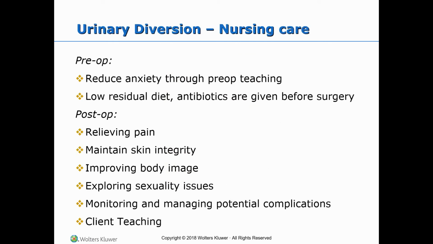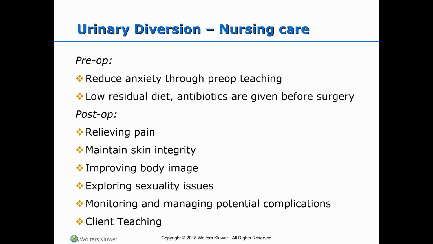Nursing care. Reduce anxiety through pre-op teaching about the procedure and what to expect after the surgery. NG tube, indwelling catheter or nephrostomy tube or the urinary pouch, Penrose drain, or any other tubes and drains may be present after surgery. Address concerns about the alteration in body image and loss of sexual or reproductive functions.